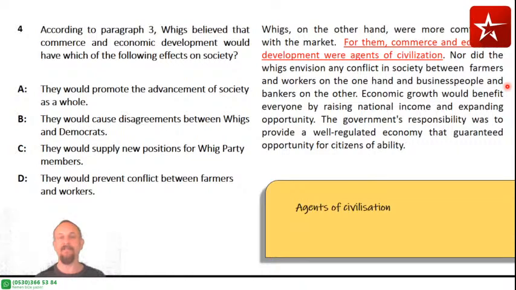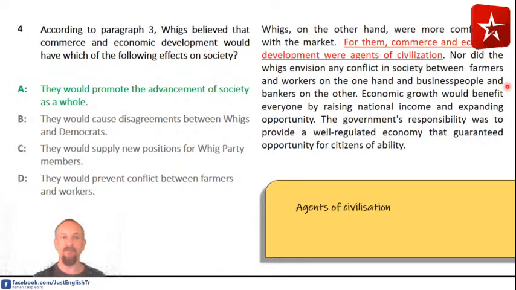So civilization, let's think about that word. Let's have a look at option A. They would promote the advancement of society as a whole. Civilization. Well, we could argue that civilization and society are synonymous with each other. Of course, society is a little bit more general. A civilization is one that is advanced. But if you remember from last week's lesson and from roots and prefixes, advanced, another word for advanced means promote.